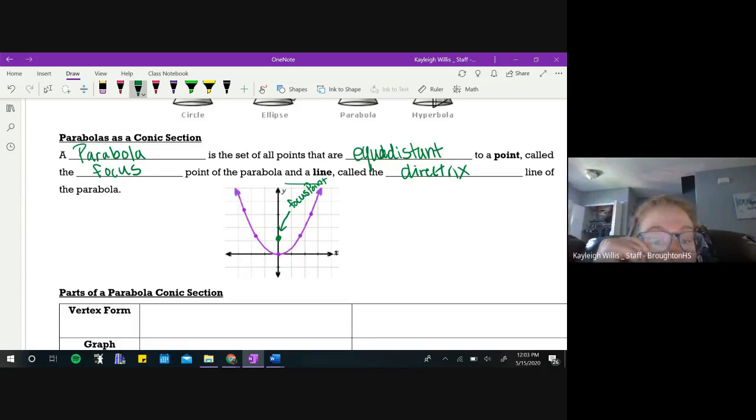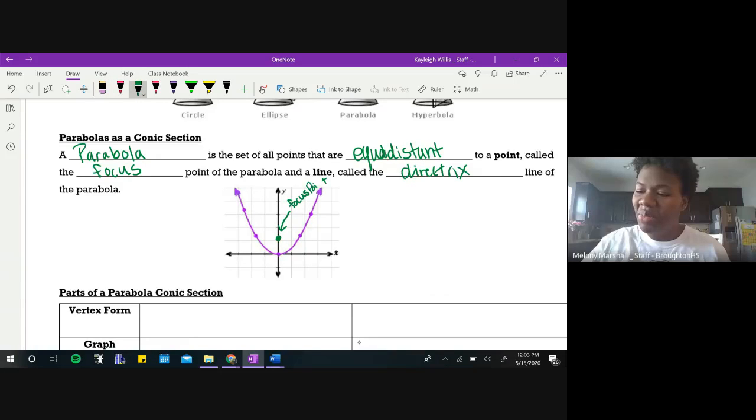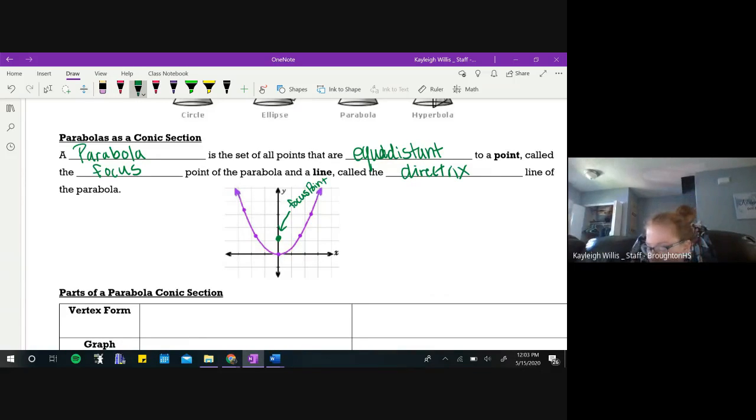No, it depends on how fat the parabola is, how skinny it is, and which way it's flipped. But it's always on the inside. It's never on the outside. Okay? Makes sense. So that's where the focus point is.